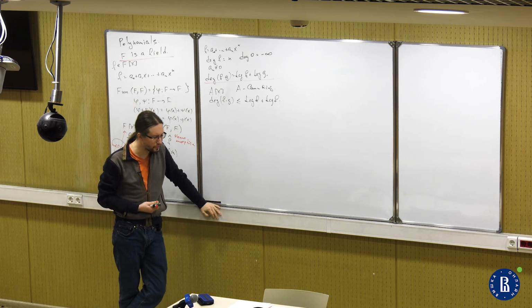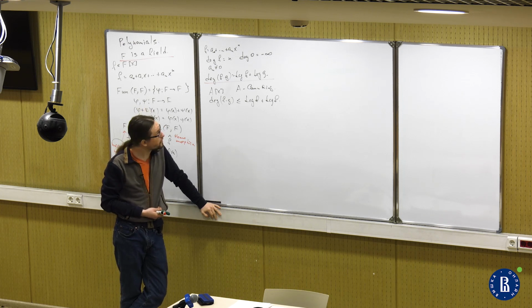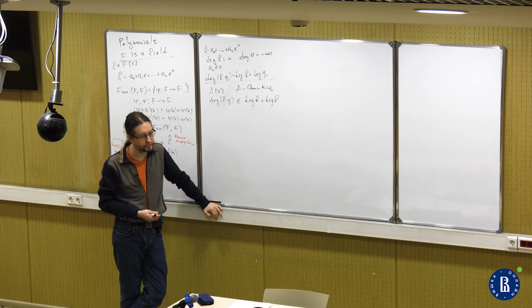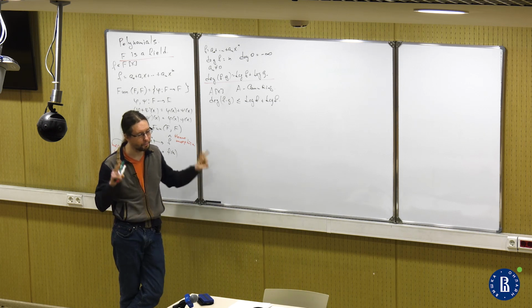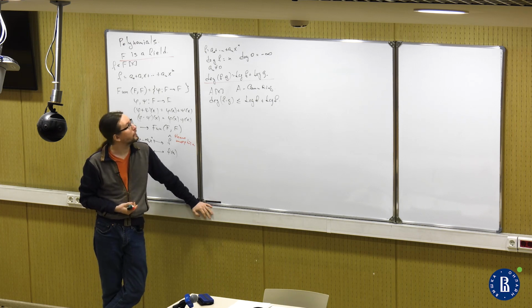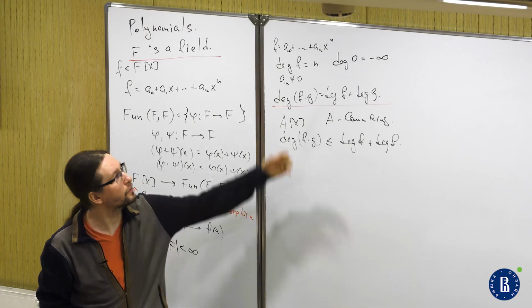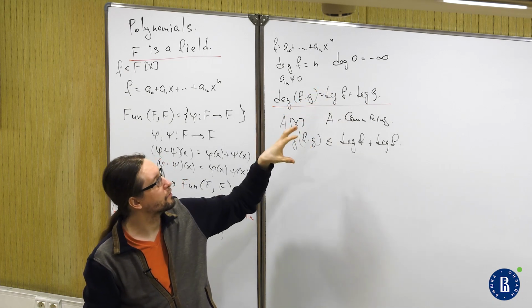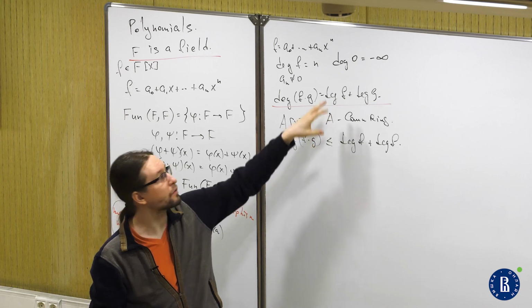Well, there is a reason for that. There is a theory of valuations on an arbitrary commutative ring, and the degree is an example of a valuation. Each valuation produces a norm on the ring, which somehow measures the length of an element. If you want the length of the zero polynomial to be zero, this is the definition you want to use, because the length is defined, let's say, as 2 to the power of the degree.